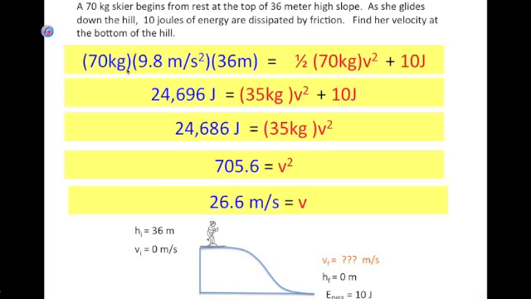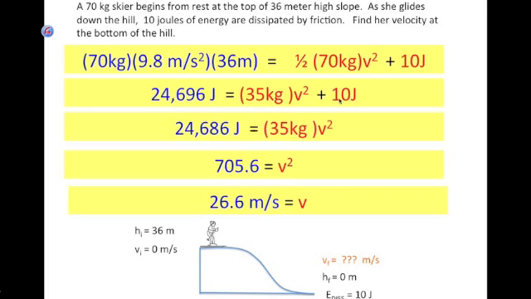This is pretty straightforward. We multiply everything on the left side of the equation and we find that we have 24,696 joules. Also in this step, I took 1/2 of 70 kilograms and got 35 kilograms. The next step was to subtract 10 joules from each side of the equation.